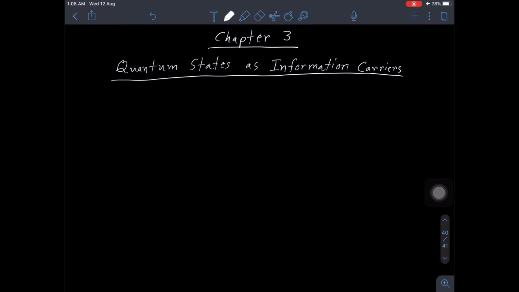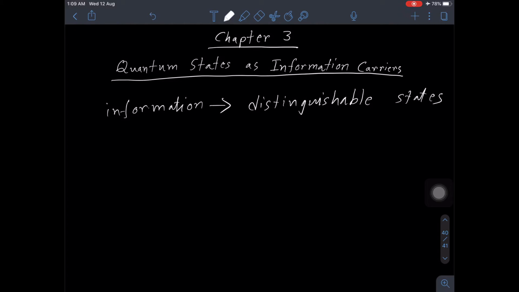That means, okay, let me write it down. Information is represented by distinguishable states of a physical system.